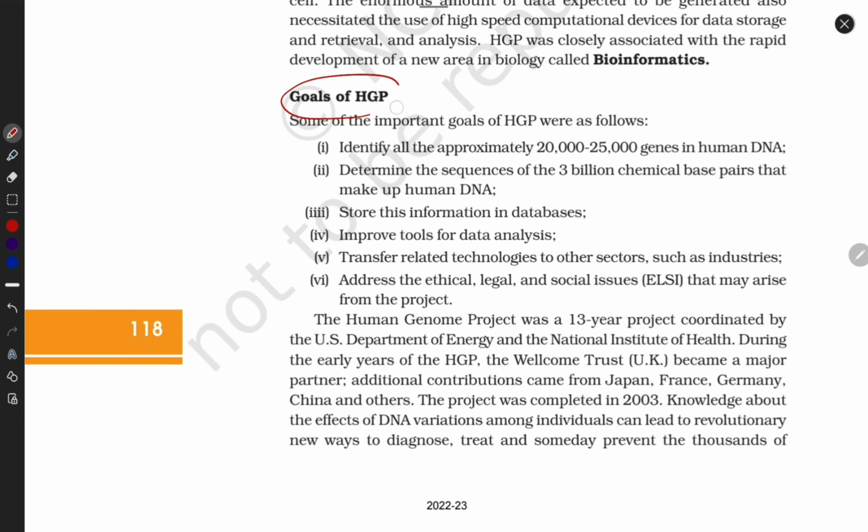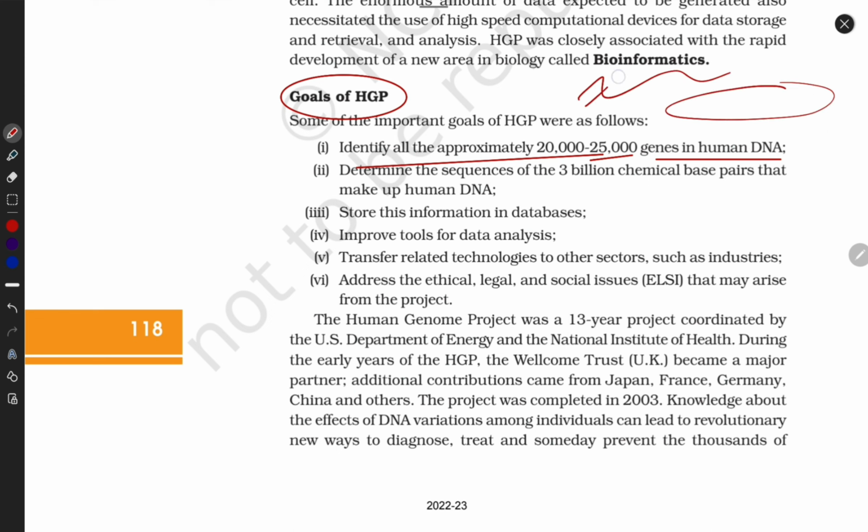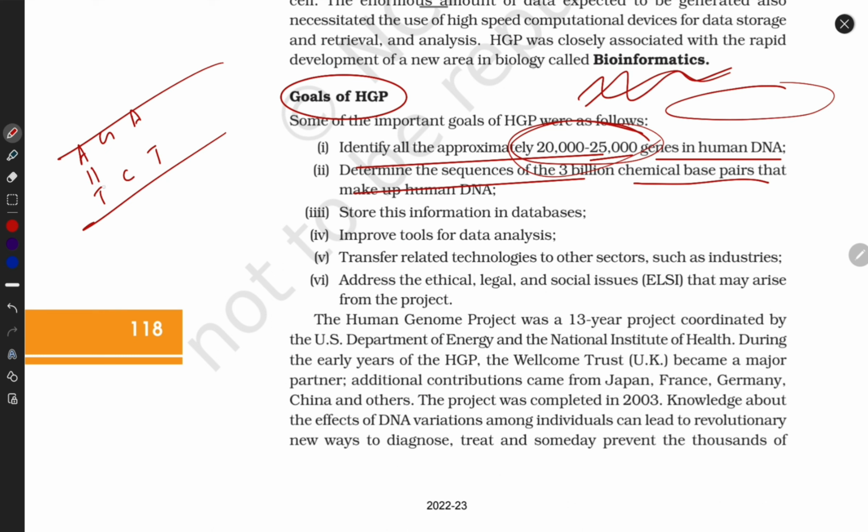There are some goals of the Human Genome Project. Identify all the approximately 20,000 to 25,000 genes in human DNA. Determine the sequence of 3 billion chemical base pairs. You know what a base pair is: A pairs with T, with double bond, and G with C, triple bond.